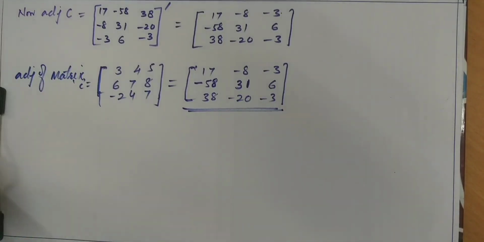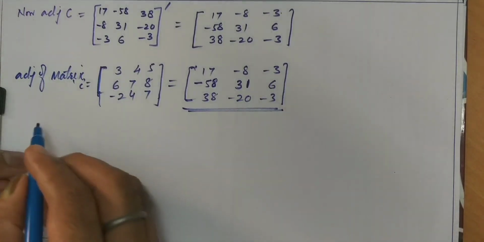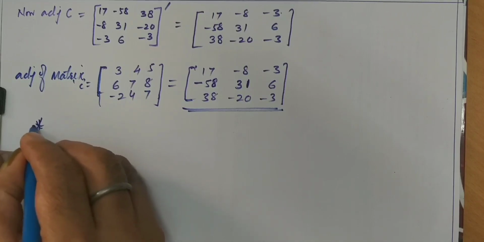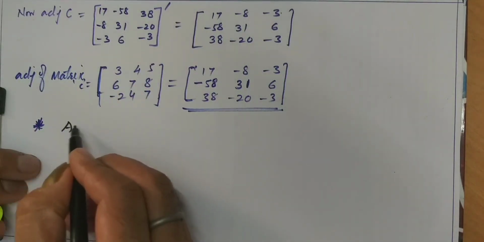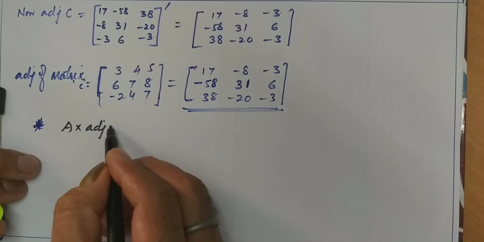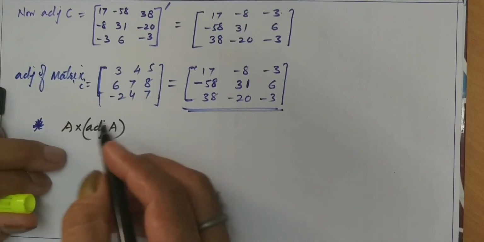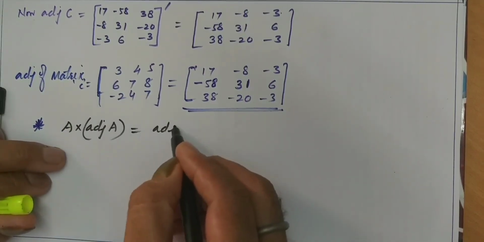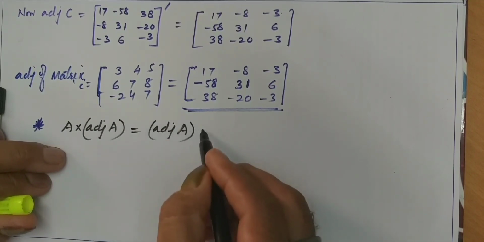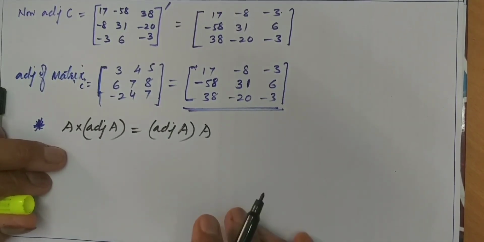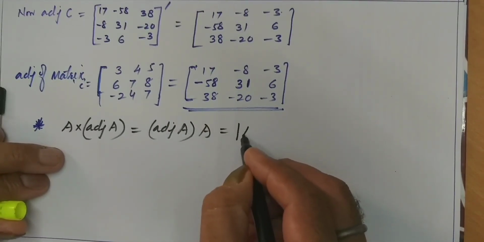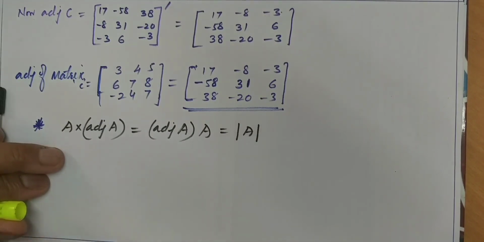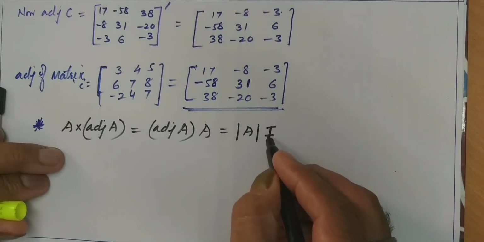Here is one important note about the adjoint that you must know: any matrix A into the adjoint of the same matrix is equal to the adjoint of that same matrix A into that matrix A itself, which is nothing but the value of the determinant of matrix A into the identity matrix.